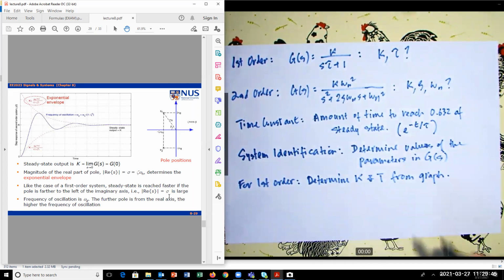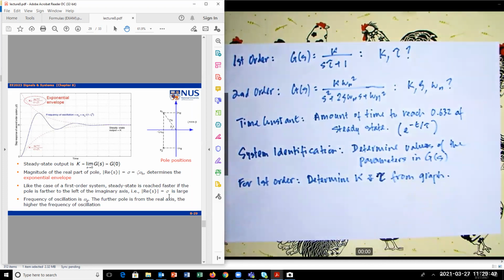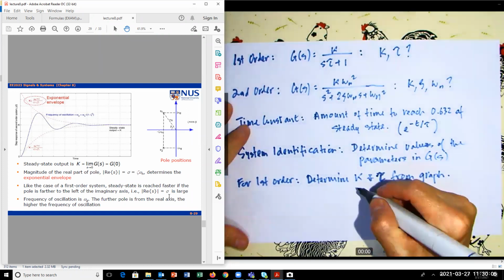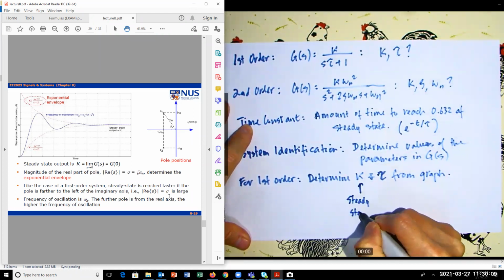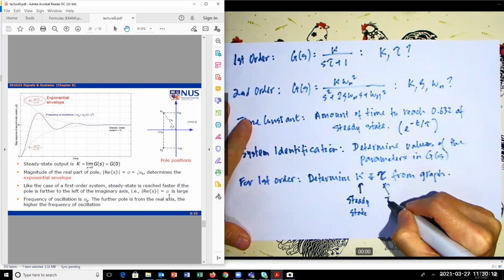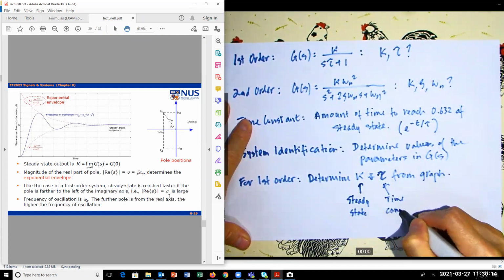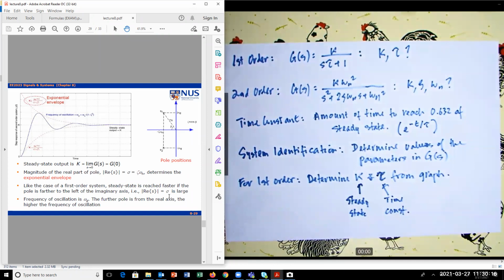And how do you find tau? Take 0.632 of the final value, draw a horizontal line, then intersect and draw a vertical line. That's on the time x-axis and will give you the value of tau. So K is the steady state, and this is your time constant, from the graph. That's first order.